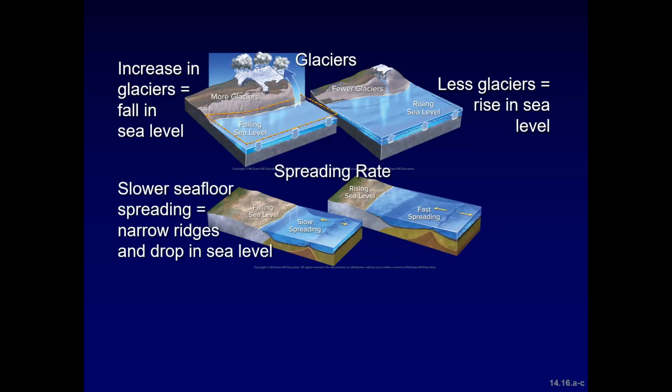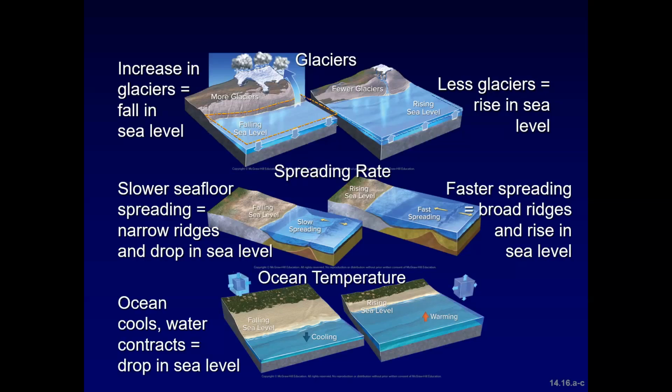Slower seafloor spreading is going to equal narrow ridges like the mid-ocean ridge and a drop in sea level. Faster seafloor spreading equals broad ridges and a rise in sea level. And then ocean temperature. If the ocean cools, water contracts and we'll have a drop in sea level. Conversely, if we have warming oceans, we'll have a rise in sea level.